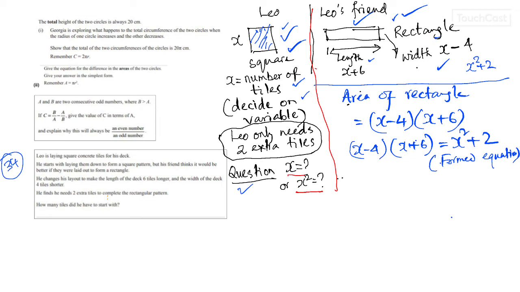Remember, this is algebra, so we have to use an algebraic equation. And then if we attempt to solve it, we've got to expand this part. So I'm going to expand, simplify, and then perhaps solve.